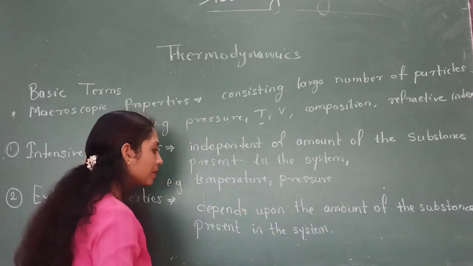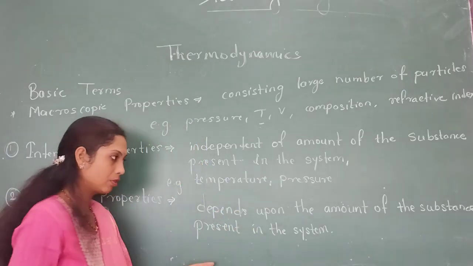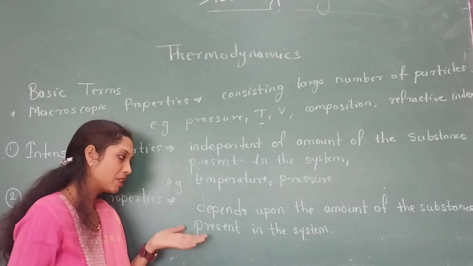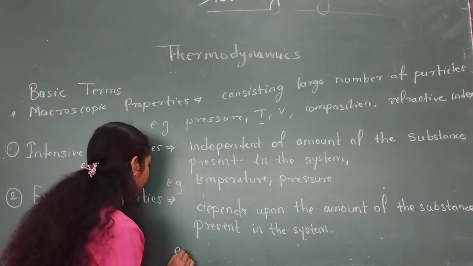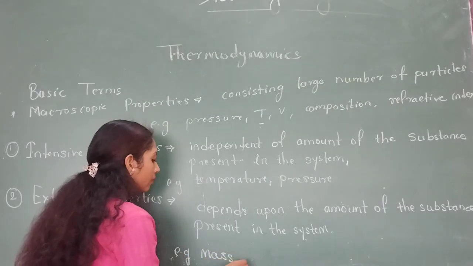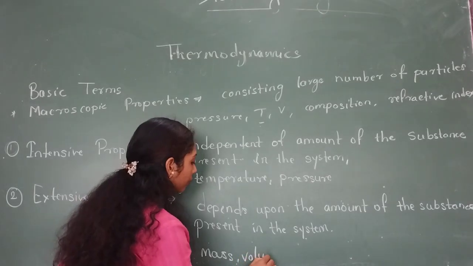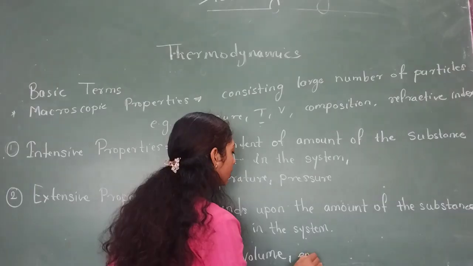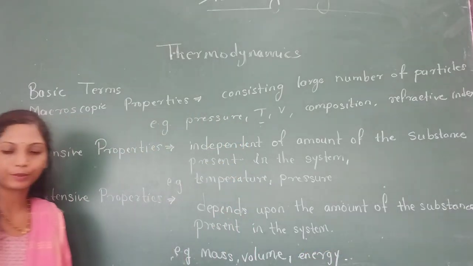Means if the amount of the substance increases, then the property value also increases. If the amount of substance decreases, the property value also decreases. For example, mass, volume, energy. These are the examples of extensive properties.